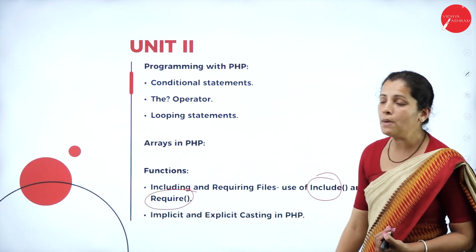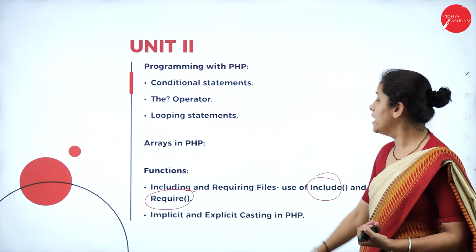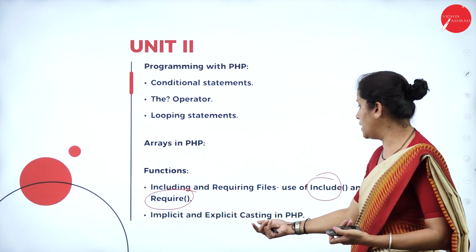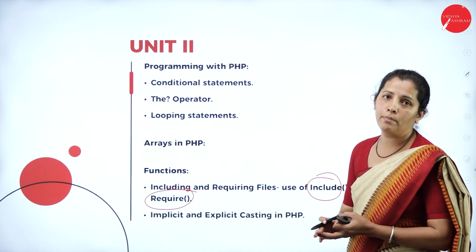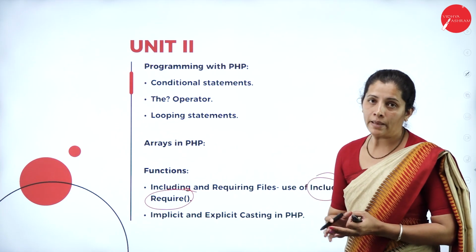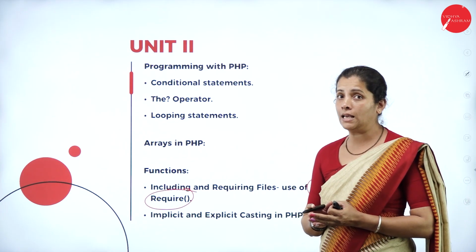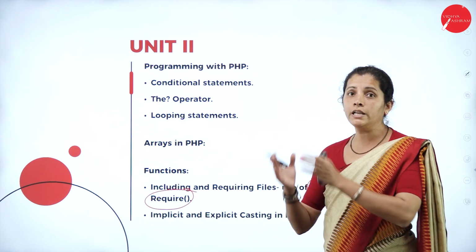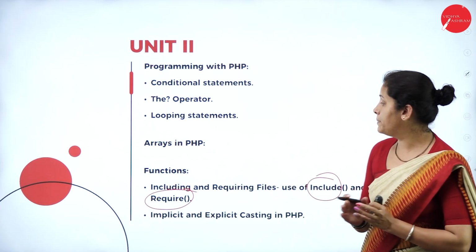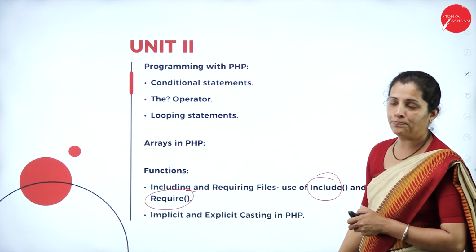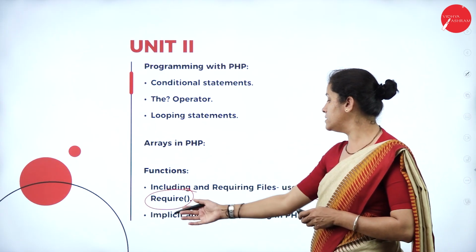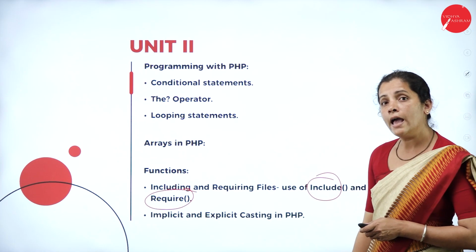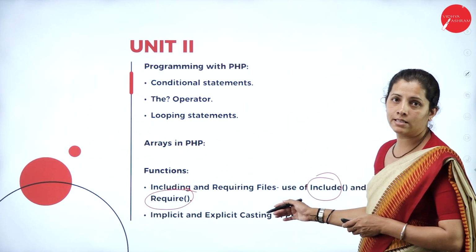At the same time, how we can create implicit functions as well as how we can perform typecasting. So what is typecasting? Conversion. Converting one data type to another data type is called typecasting. So here I have implicit typecasting as well as explicit typecasting.